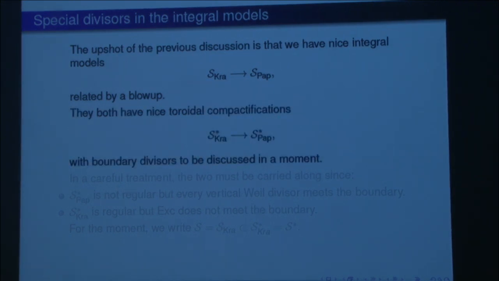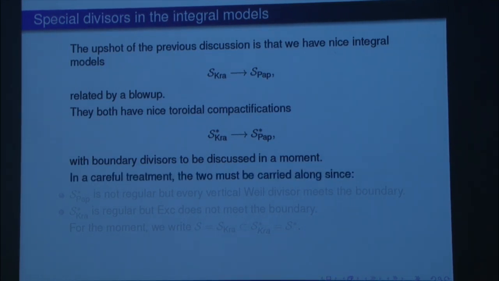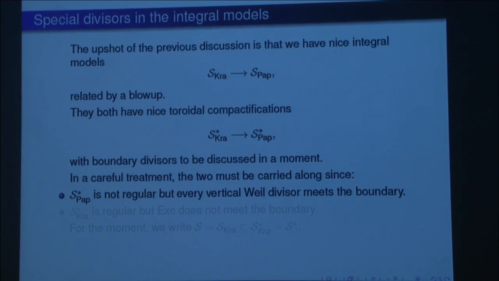Okay, they both have nice toroidal compactifications, so you can compactify these varieties by adding some boundary divisors, which I'll discuss in more detail a little bit later. Anyway, the reason I'm explaining why we carry along both models is that the main issue here is going to be how to get the divisors of functions which you somehow construct in an automorphic way on the generic fiber, how to compute their divisors on the integral model.